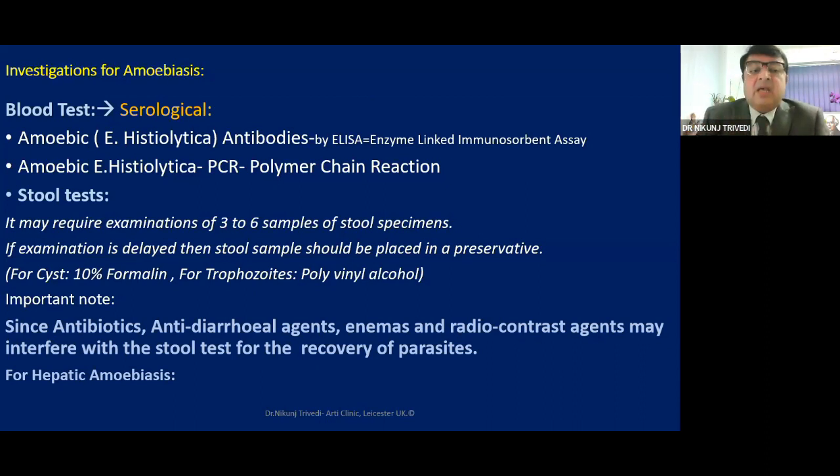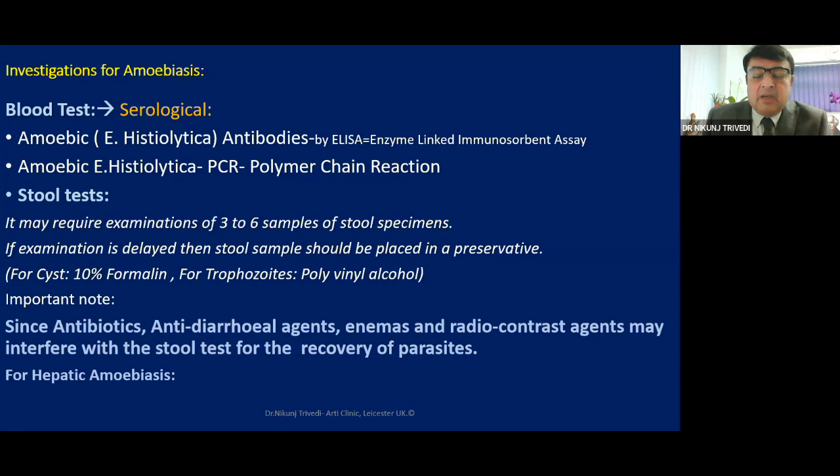And stool test. It may require 3 to 6 samples, because initially one sample will not come positive, and sometimes antibiotics, antidiarrheal agents, enemas, radio contrast interfere and cover the whole amoebic cell, and that's why it doesn't come positive. So many times, one sample will not reveal. We have to centrifuge that sample to see the clear-cut amoebic infection.